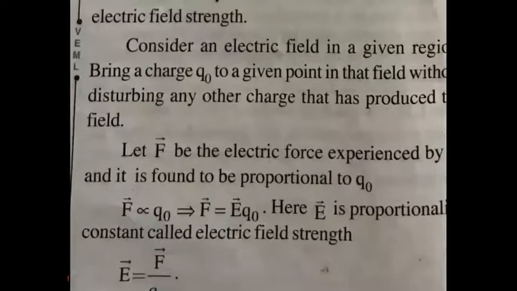Suppose I place a charge capital Q, then it will have some field. I am testing it with a test charge Q0, which is placed at distance r. What is the strength of the field at this point? For that, first we calculate the force acting on the charge Q0. The force is repulsive if capital Q is positive, and the test charge is always positive.